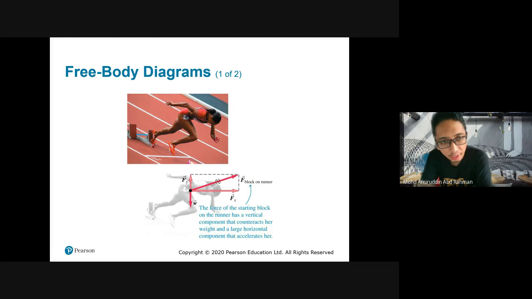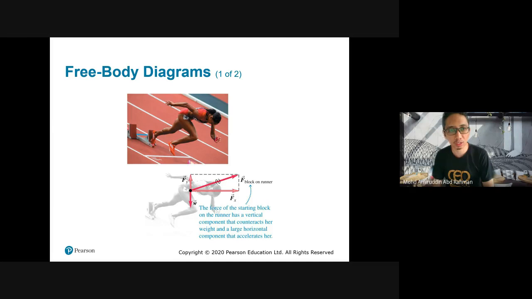So that's why when you look at the sprinter, why does the sprinter try to make her body horizontal with the ground?